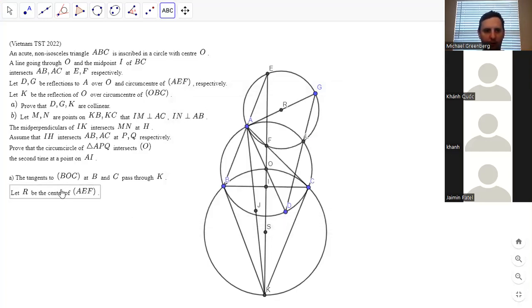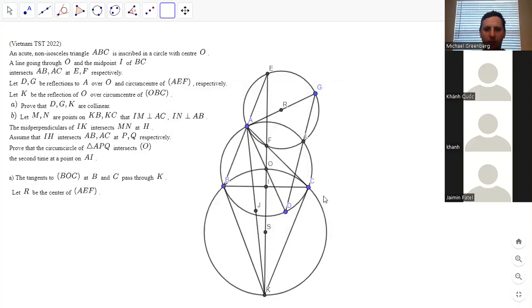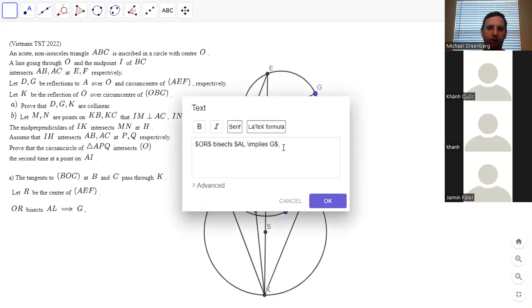So OR passes through the midpoint of AL, so G, L and D are collinear. I'll just say OR bisects AL, and that means that G, L and D are collinear.